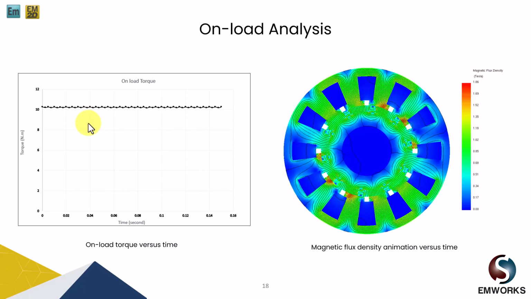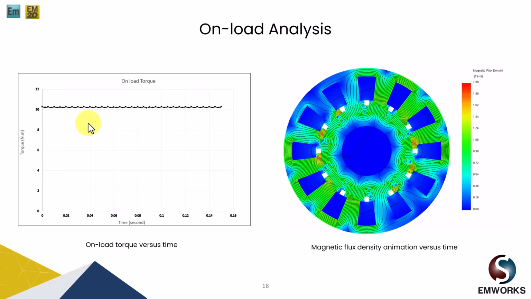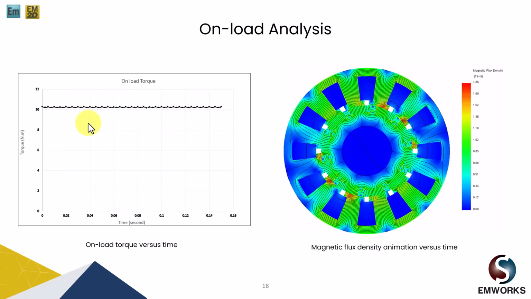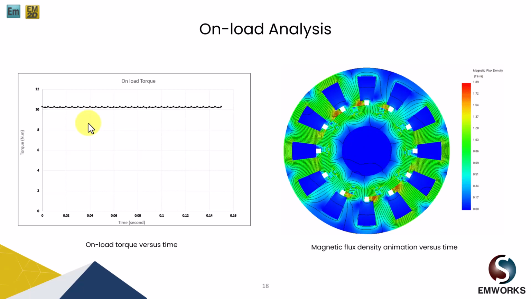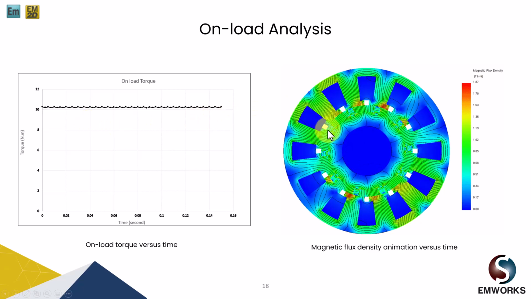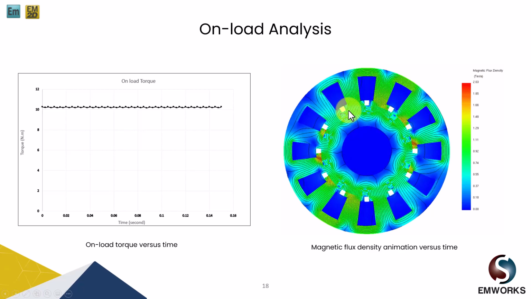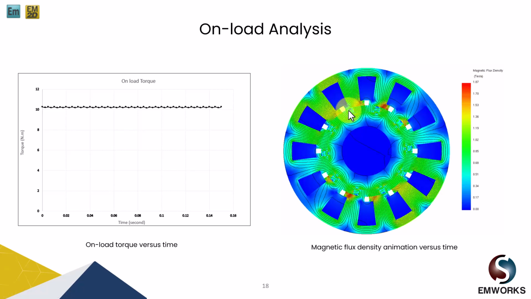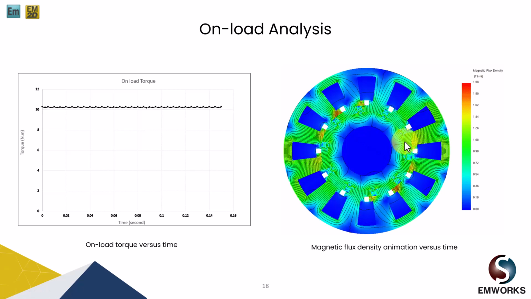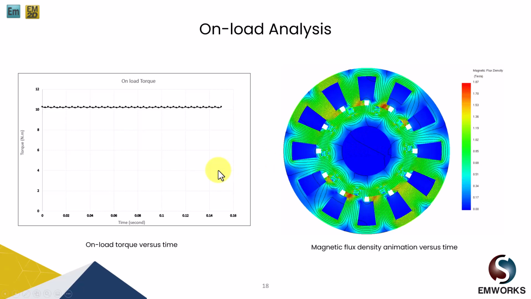So therefore, due to the usage of the Halbach array arrangement, the overall torque density of the motor has improved. And you can see the teeth of the stator core are highly saturated, up to 1.9 to 2 Tesla. It gets stronger by using this Halbach array arrangement.